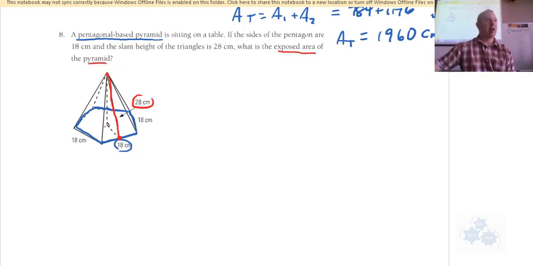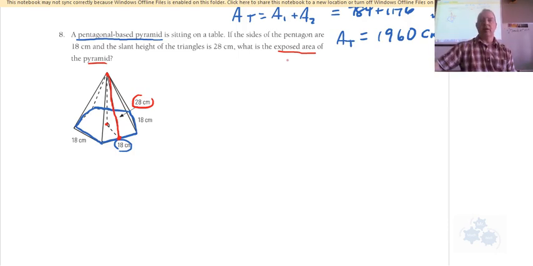So if this is sitting on the ground, they don't want us to calculate the bottom part. They don't need us to calculate the bottom part. This question actually can be done, and we might do a question like this where we will have to find the area of a strange shape like this. But for now, we'll just talk about the area of the exposed part.